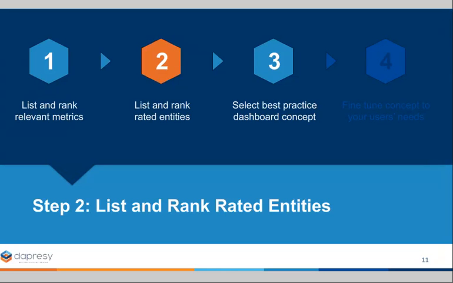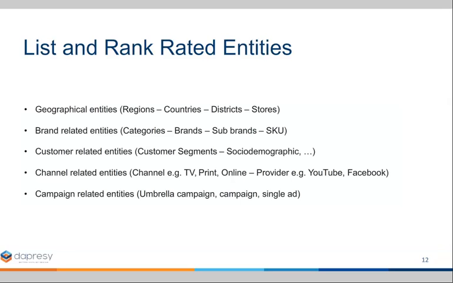As a next step, you have to list and rank the rated entities. Entities are divided into 5 groups. You can, of course, rate geographical entities like regions, countries, districts, or stores. So, for instance, you can ask the overall satisfaction for a specific country or for a specific store. You have brand-related entities, like you can ask about categories, brand categories, brands or sub-brands, or even SKUs.